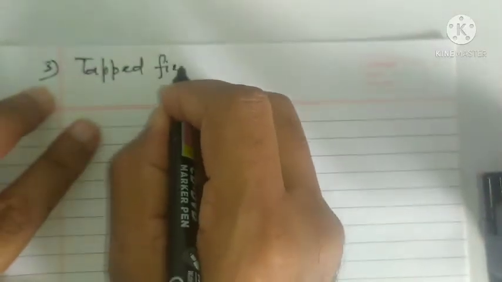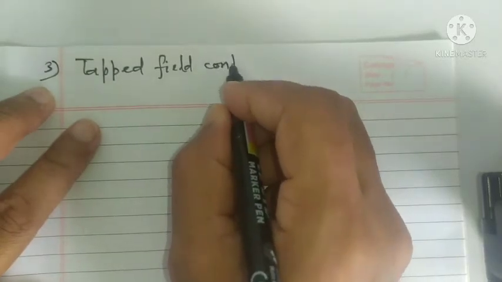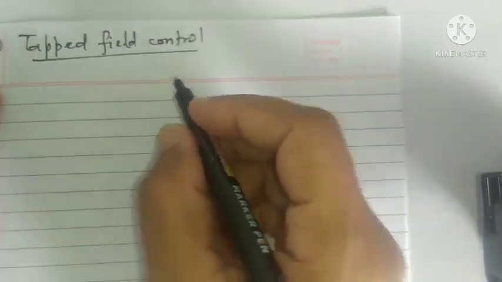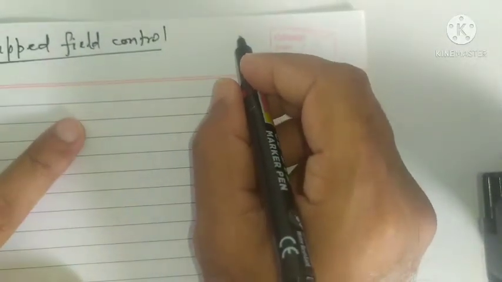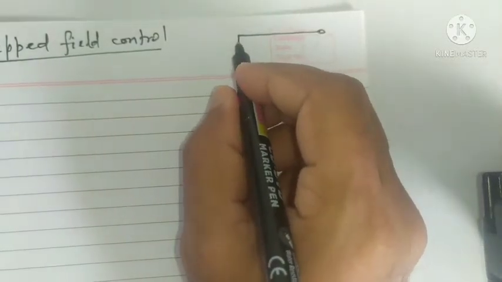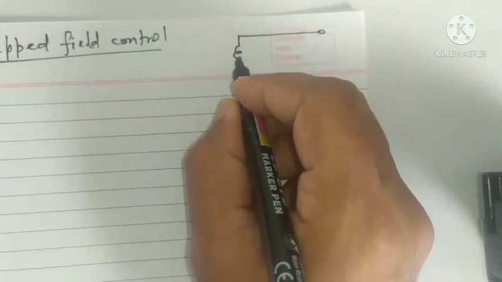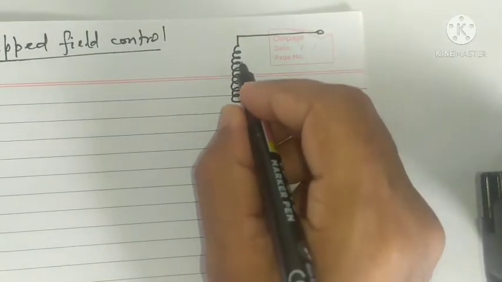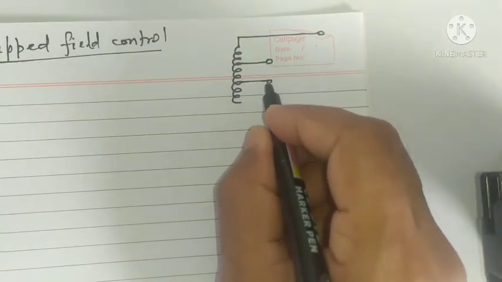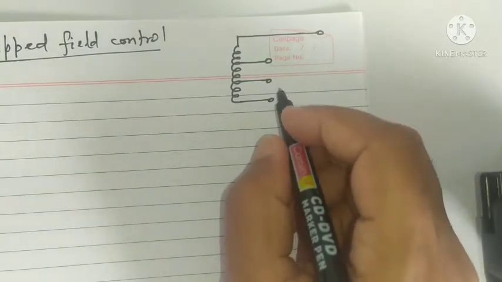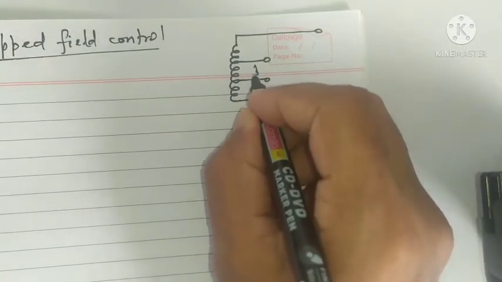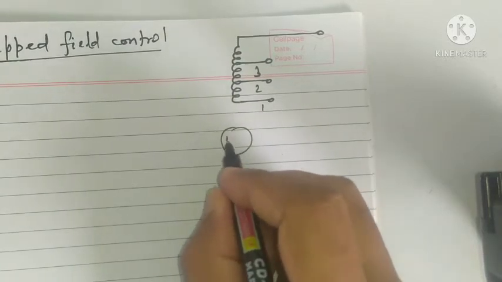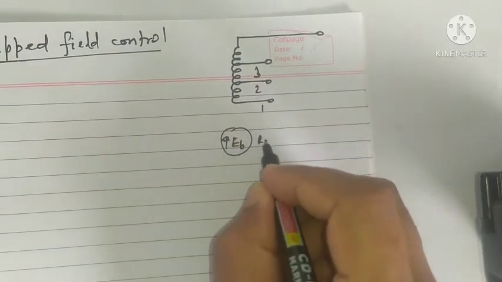Tapped field control. In this we have tapping in the field winding, like this. So this is the field winding, and we have tappings here, position 1, 2, 3, and I have the armature, EB, RA.